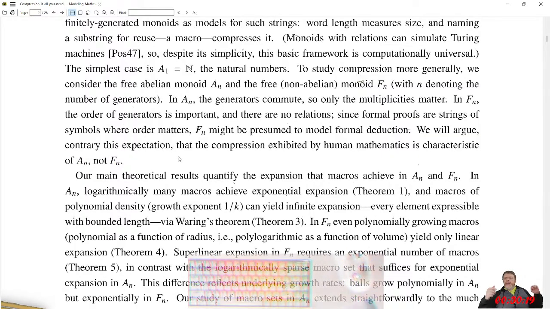So S sub n is the closure property, like that it, so like you can, I don't even know how to describe that. That's a complex subject.